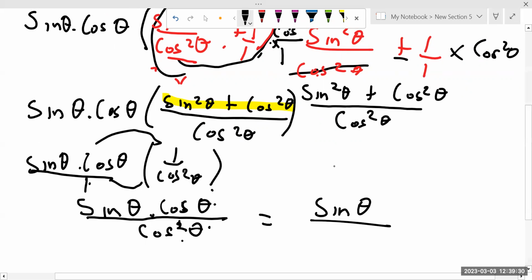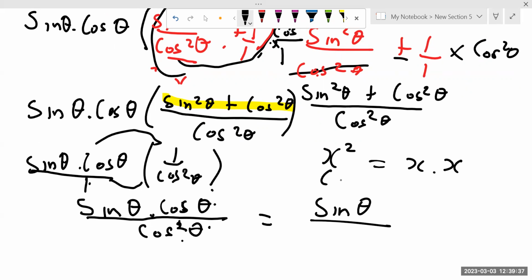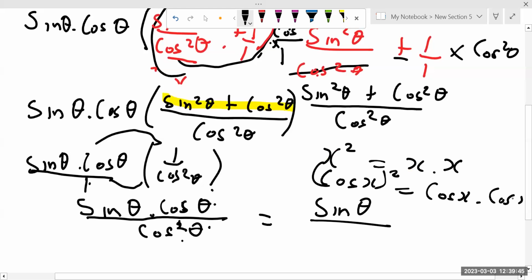I agree you have squared here. If you have squared, remember, it's like if you have x squared, it's equivalent to having x multiplied by what? By x. If I have cos x all squared, it means I have cos x multiplied by cos x. Let's rewrite this.